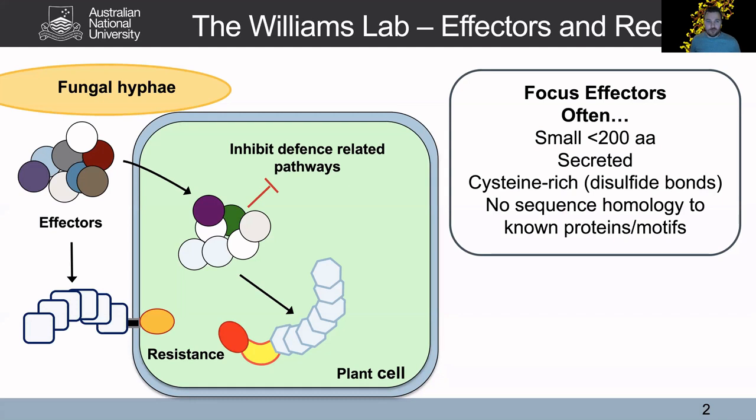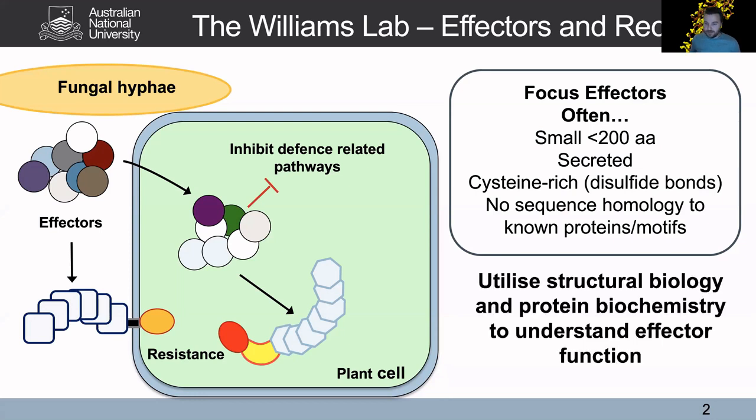What's also familiar to a lot of people is that when we look at the sequence of effectors, they very rarely provide any information about function, because we often don't see any homology to proteins with known function or recognizable motifs. So what we try to do to combat this is to utilize structural biology and protein biochemistry approaches to understand effector function.